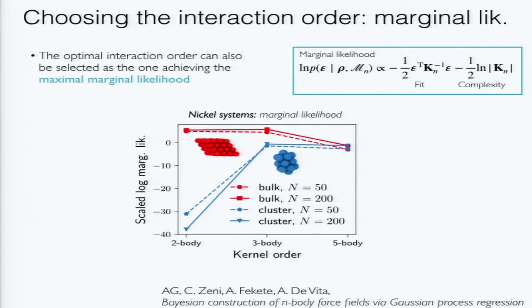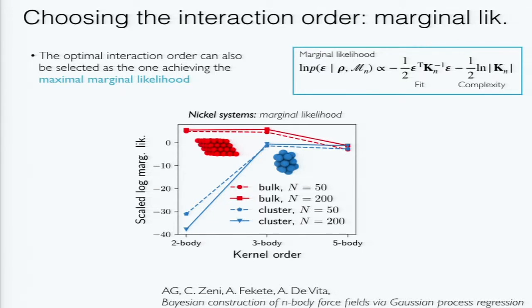So you just sum them up and you want to use the model which has the higher log marginal likelihood because of the minus sign. So you see, for example, again, we look at bulk nickel. In this case, the two-body kernel has a very high log marginal likelihood, and it's very comparable to the one of the three-body, which means that it's the kernel you should use.